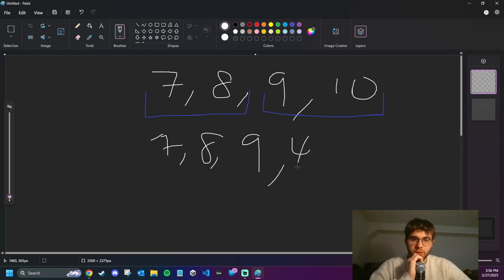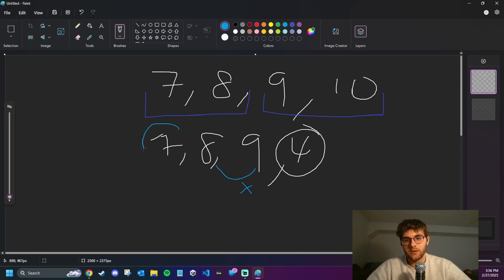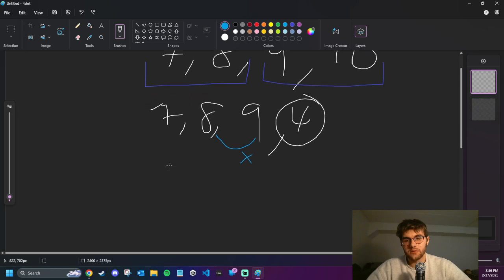Because I was thinking we could put 4 here, but we cannot. This number, yeah, I think I was on the right track before. So this number has to be bigger than this one. Which means, using that, if we think about it like this, this number has to be bigger than that one.